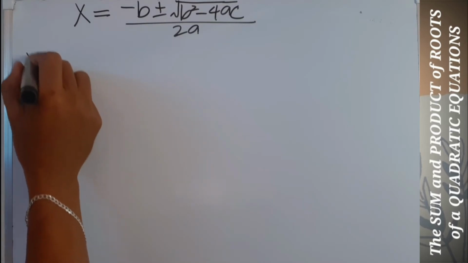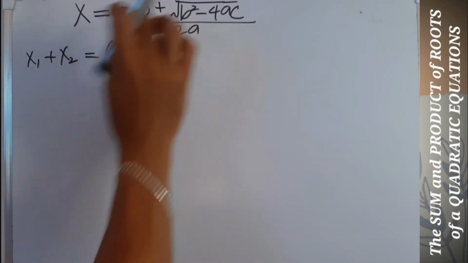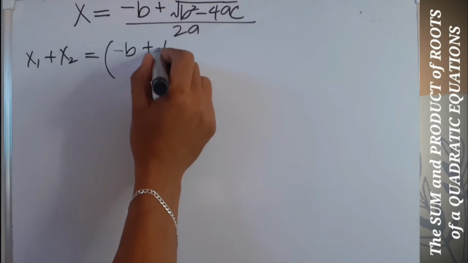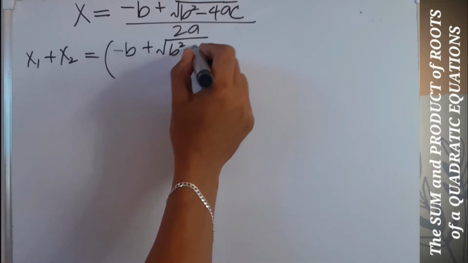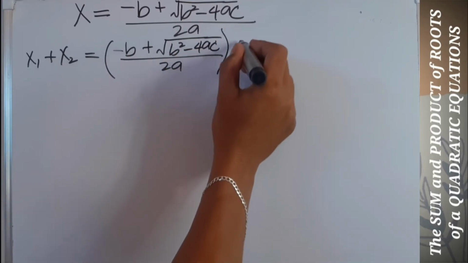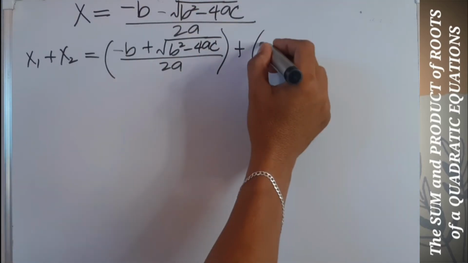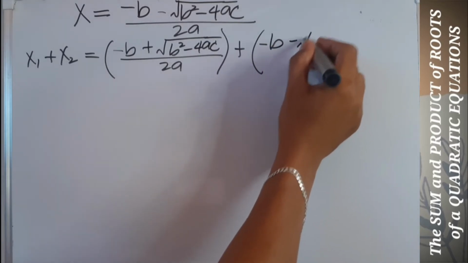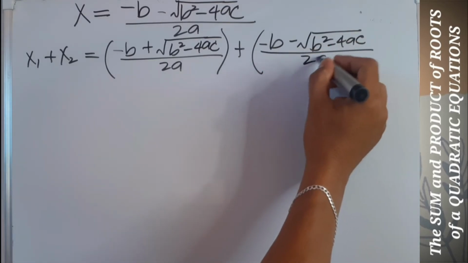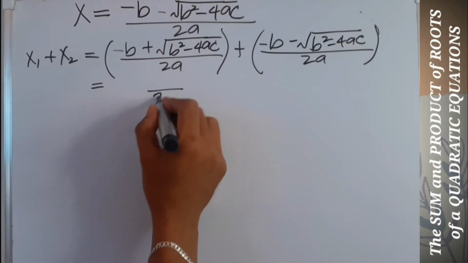The sum x sub 1 plus x sub 2 equals, let's remove first the plus or minus, so negative b plus square root of b squared minus 4ac all over 2a plus negative b minus square root of b squared minus 4ac all over 2a. Since they have the same denominator, we have 2a.